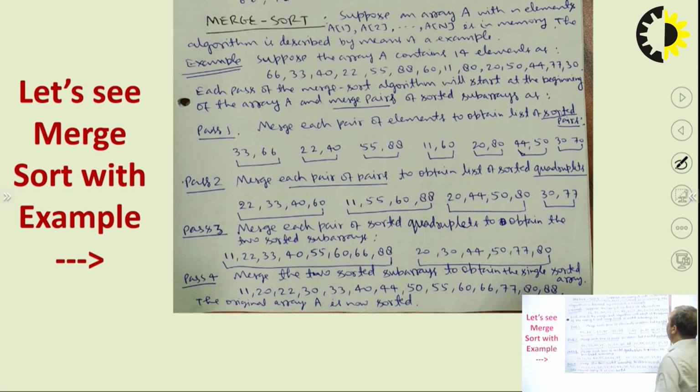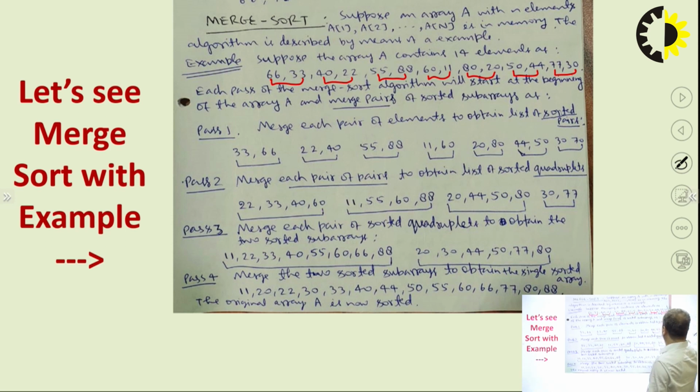First we make pairs of elements, like 66, 33, 40, 22, 55, 88, 60 and so on. If the count is even, we can make pairs easily.